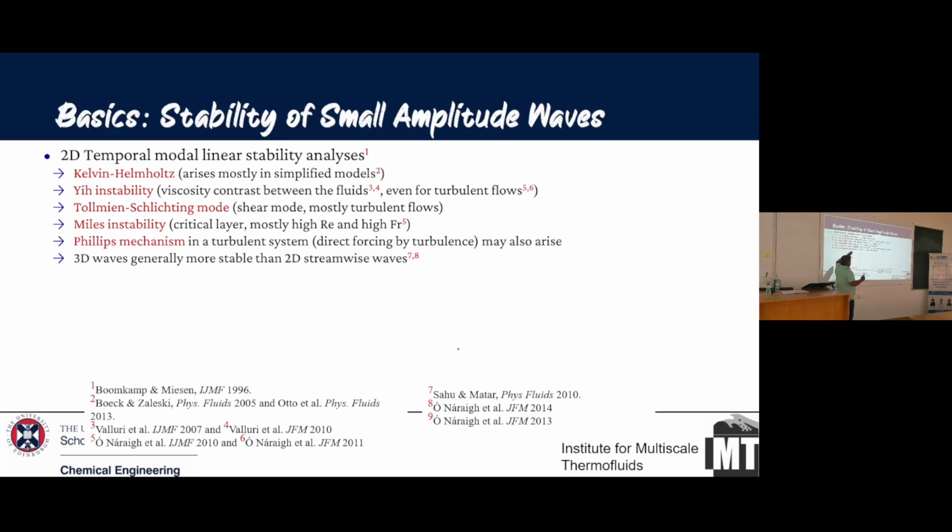The Miles instability kicks off not exactly on the interface, but close to the interface. It's like a pressure forcing which the interface feels very close to it, and that's how a Miles instability develops. There is also another mechanism called the Phillips mechanism, by which you have direct forcing by turbulence.